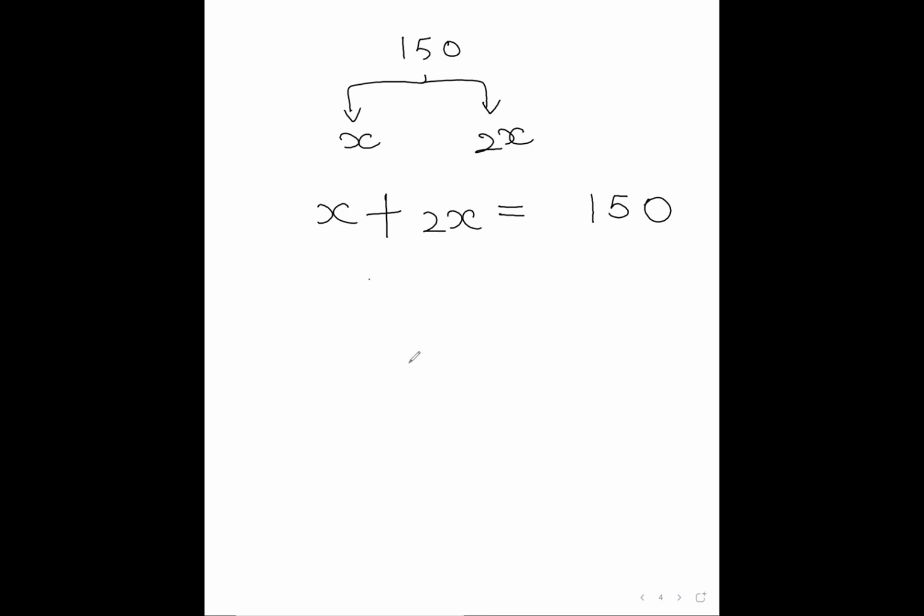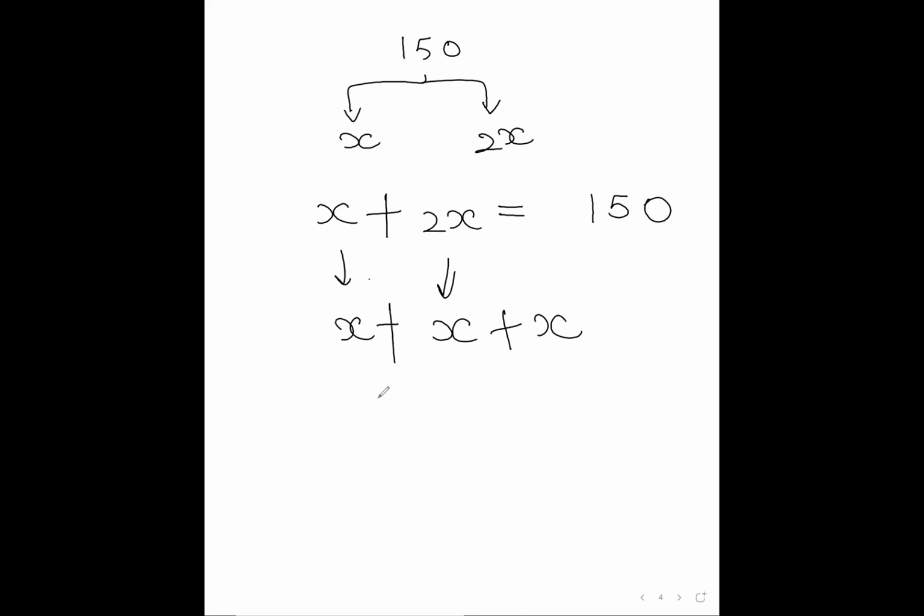Hiba, tell me this. How do I write 2x? 2x means x plus x, yes or no? Yes. Right? You're adding two x's and you get twice of x, and this is x.